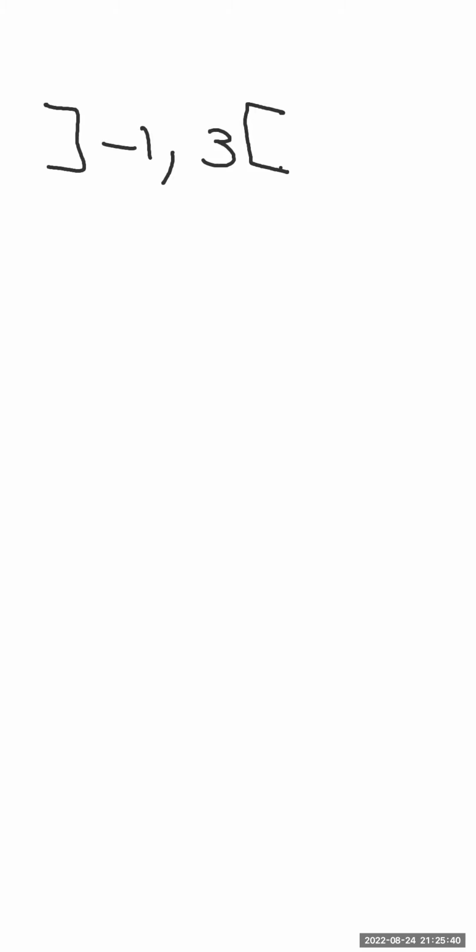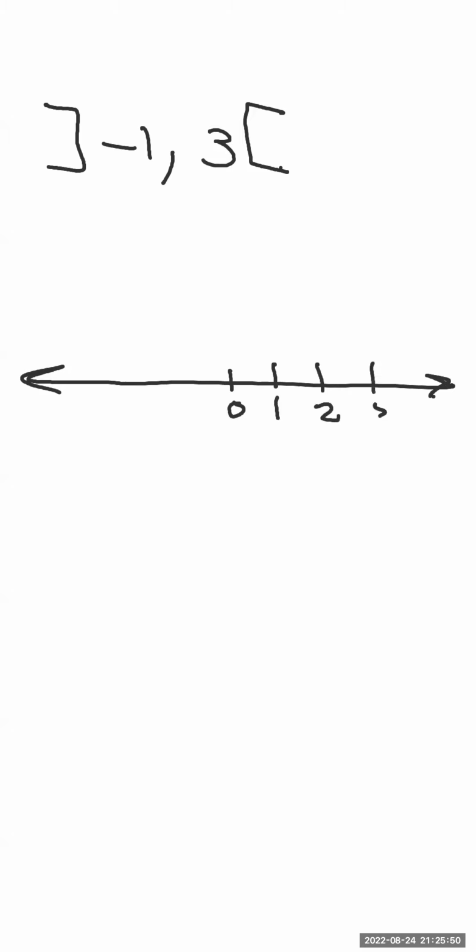How to represent it on the number line? Like that. 0, 1, 2, 3, -1, -2. What is the start point of the interval? It's -1. The end point is 3. In case of a closed interval, I said a shaded circle on the element.